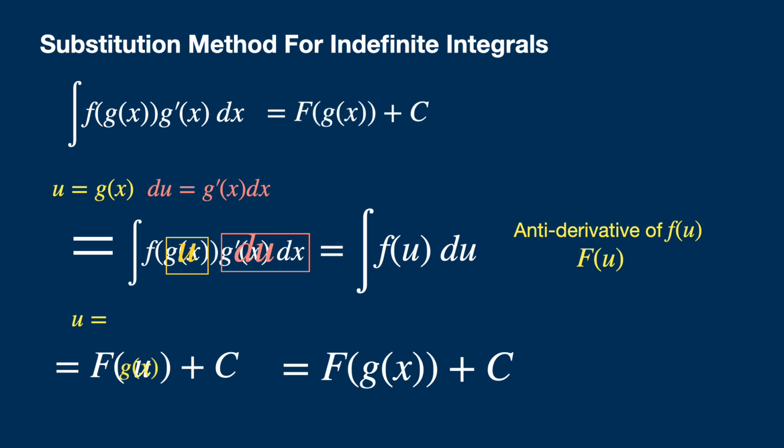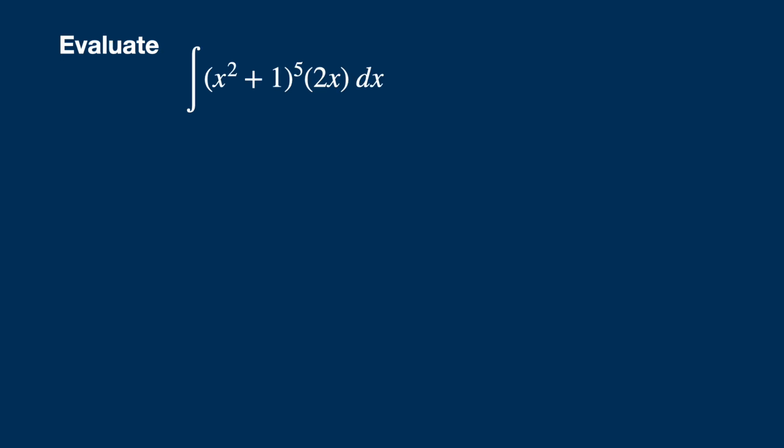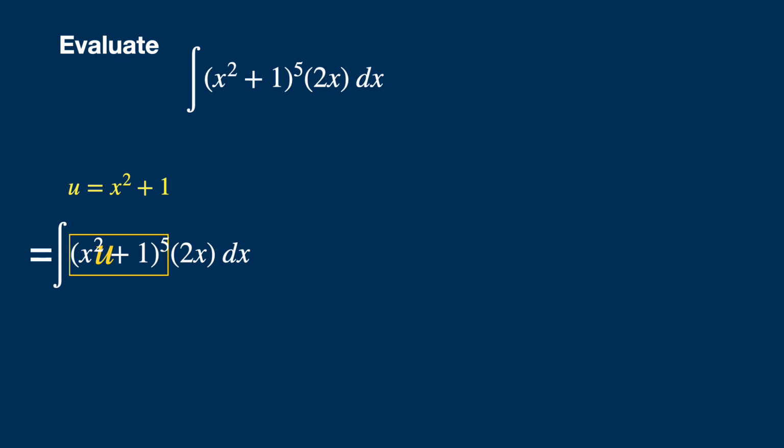So let's have an example of the substitution method for an indefinite integral. The first one: we're going to evaluate this function. We want to find the indefinite integral. First, you have to find what u is going to be. So you start with what u is going to be. u is going to be x squared plus 1. Why?